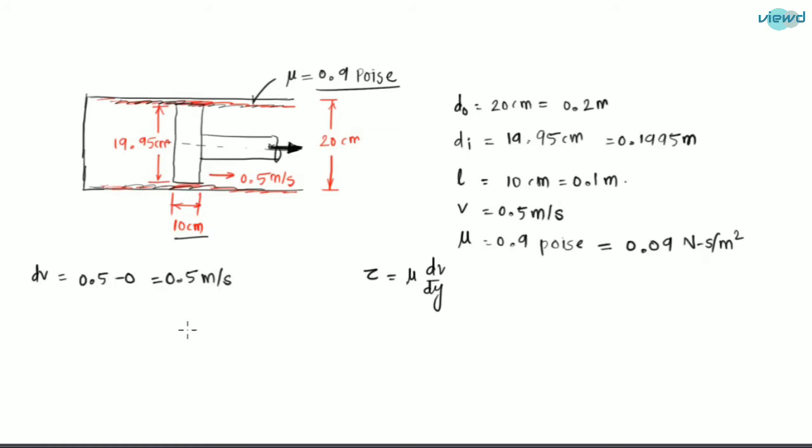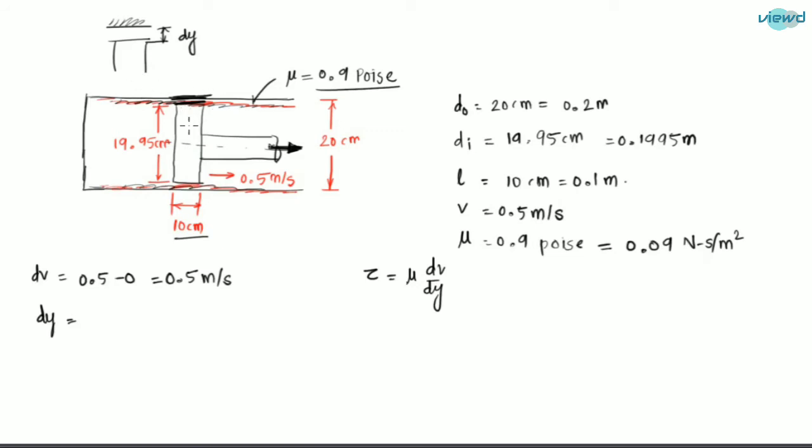meter per second. And dy, how do we find dy? Dy is the distance between the stationary plate and the moving plate. Here the stationary plate is the cylinder and the movable plate is this piston. This is cylinder and this is piston. So what is this distance? This is dy.